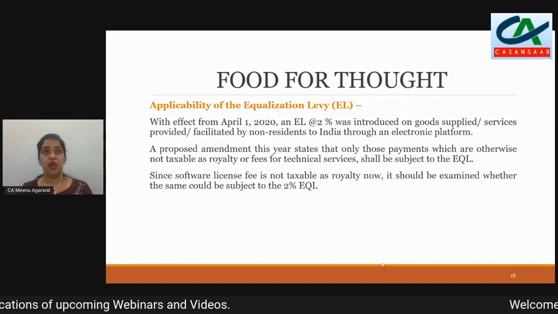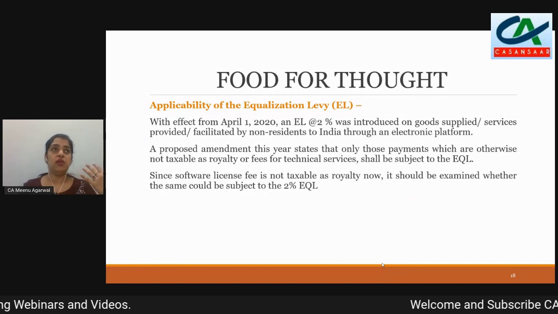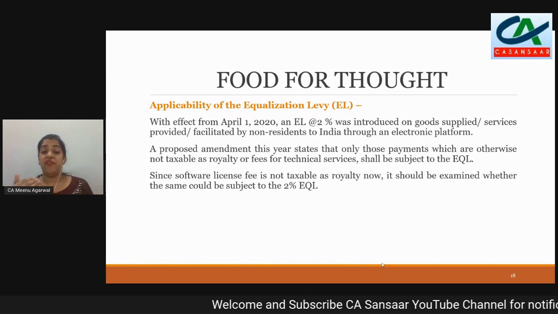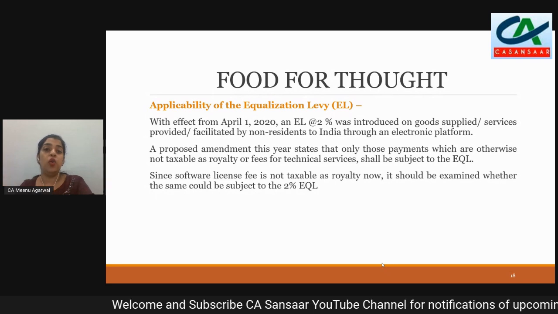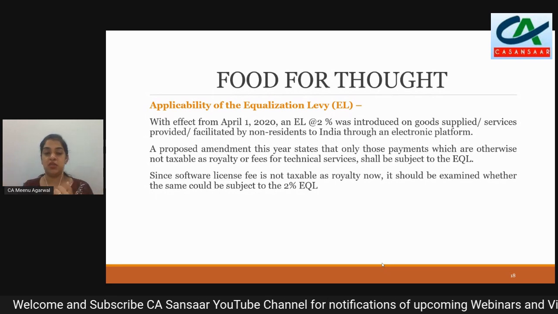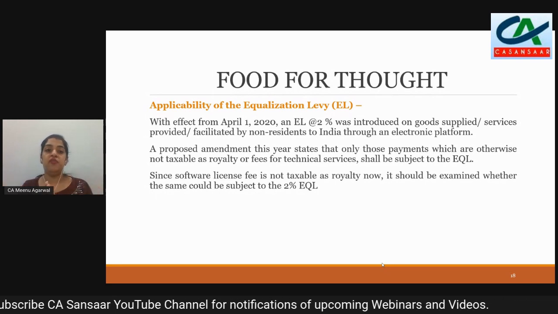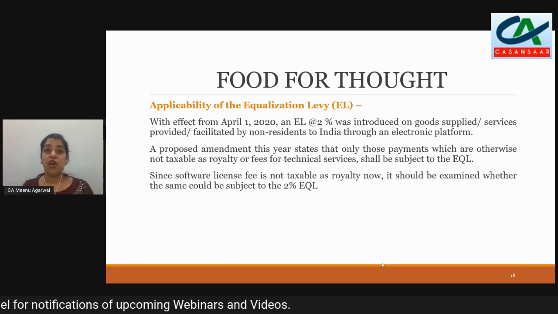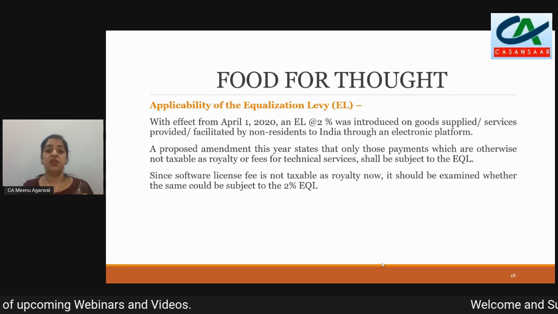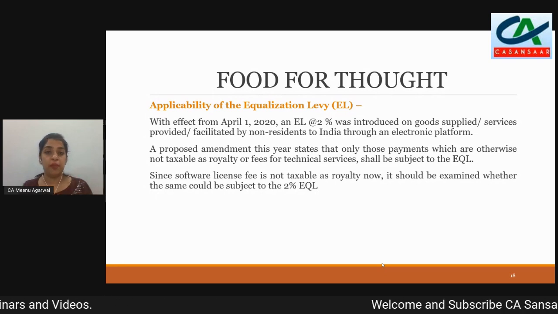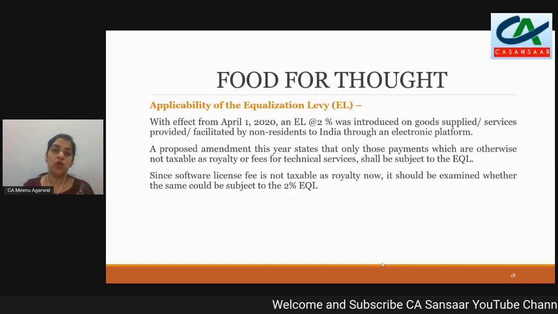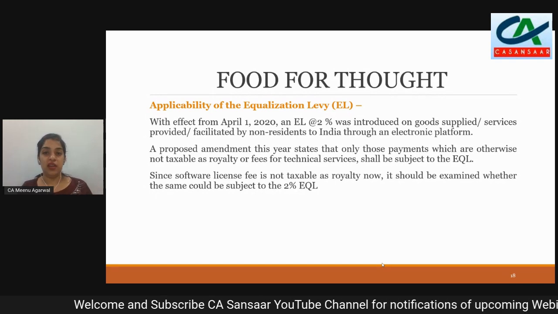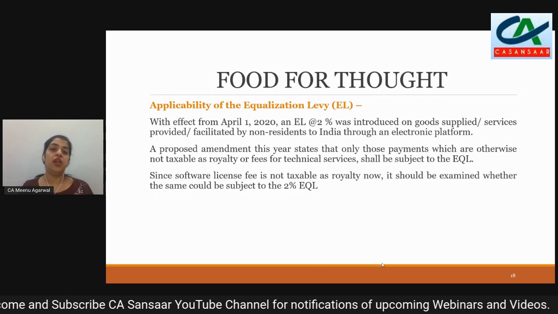But it is like you have just escaped from one provision, but with effect from April 1st, you have fallen into another. What do I mean by this? The equalization levy has been introduced, which says that 2% shall be charged on the goods supplied or services provided by the non-resident to Indian users or Indian residents through a digital platform.